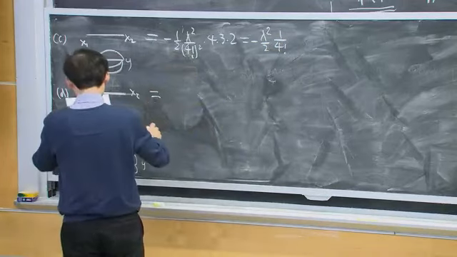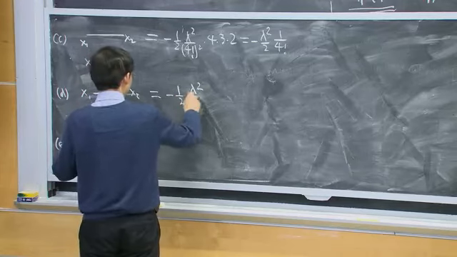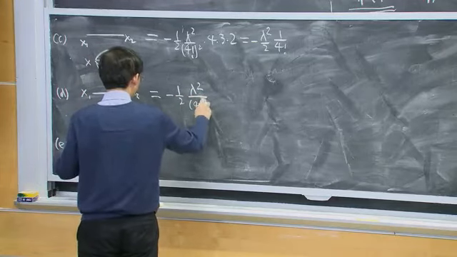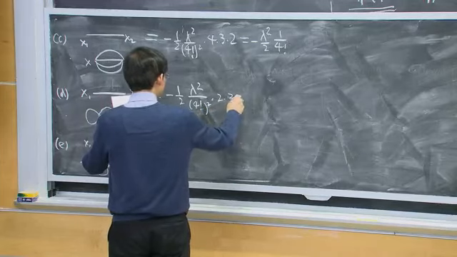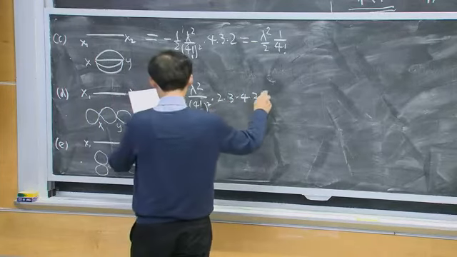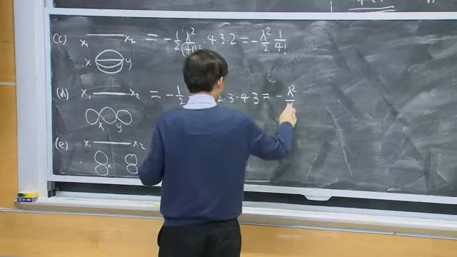And this one is, again, minus 1/2 lambda square over 4 factorial square times 2 times 3 times 2 times 3. So that gives you minus lambda square divided by 16.